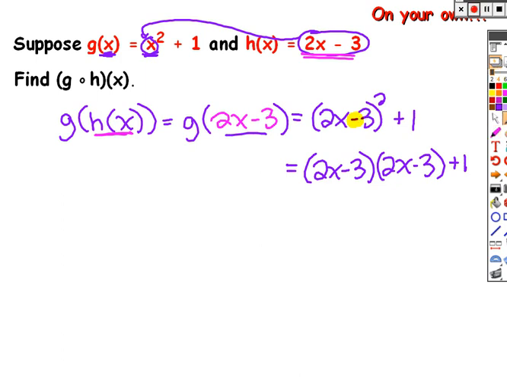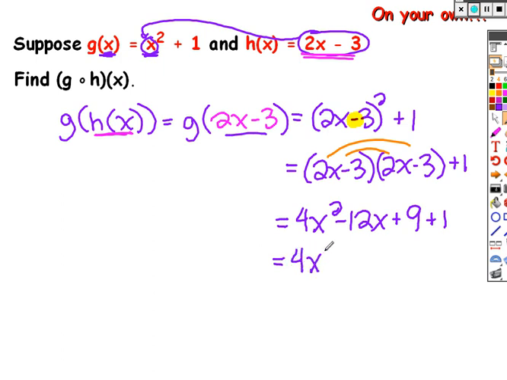And if you go through and FOIL, you should have 4x squared minus 6x. Minus 6x would give you negative 12x. Negative 3 times negative 3 is 9. So I FOILed and kind of added those outside and inside terms at the same time. So in the end, g of h of x should actually equal 4x squared minus 3x plus 1.